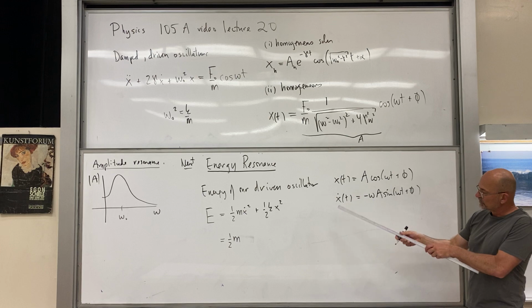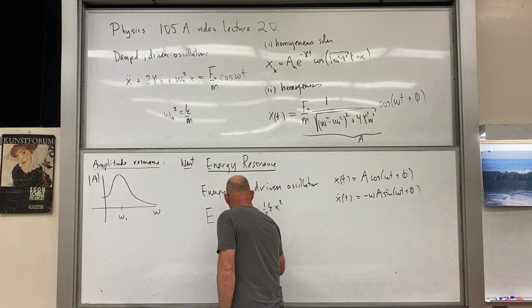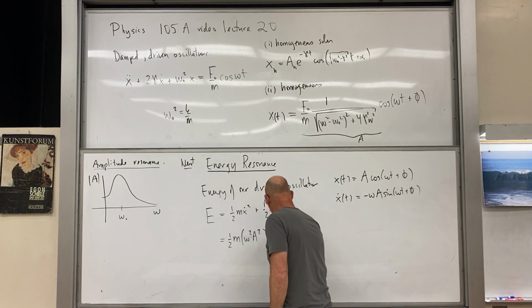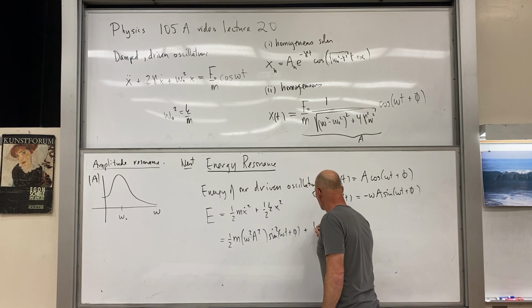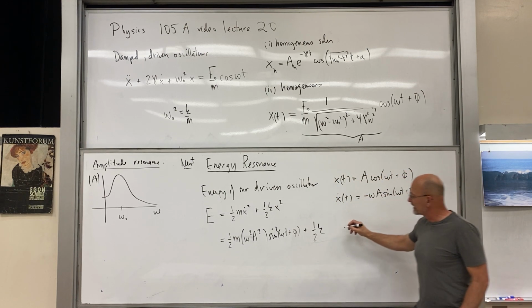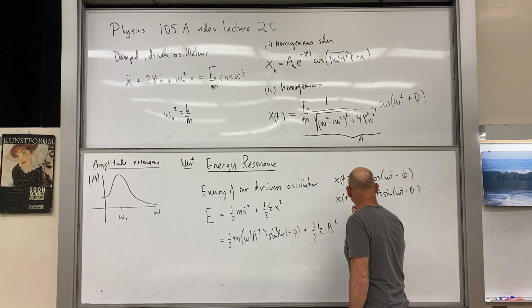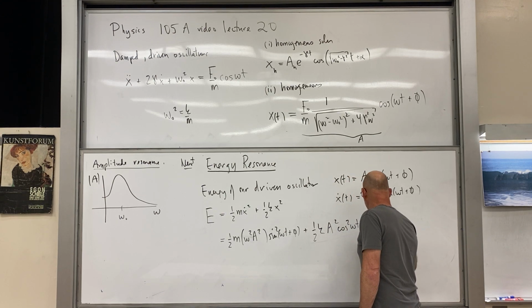So that's what we're filling in right here. So we have 1/2 m x dot squared, so we have omega squared A squared sine squared(omega t plus phi) plus 1/2 k, and then we're going to square this x, A squared cosine squared(omega t plus phi).